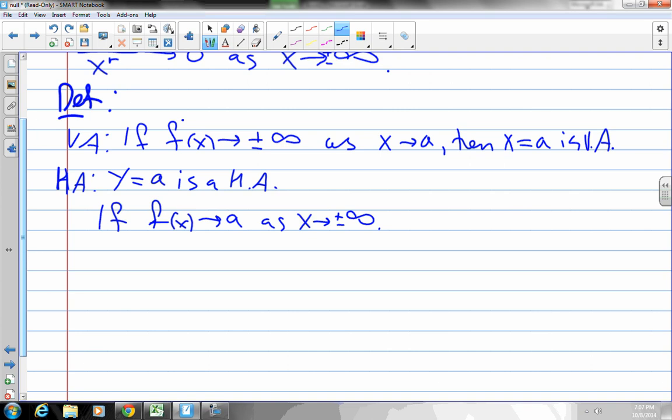So these are some definitions of that. Do the definitions make sense?